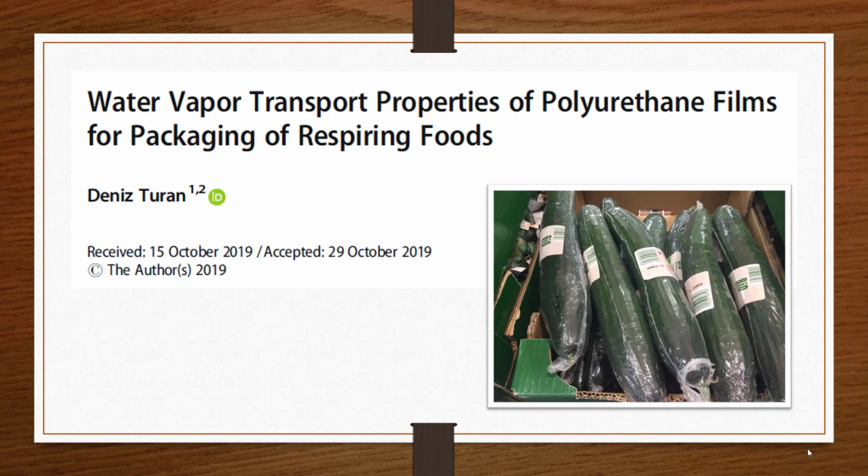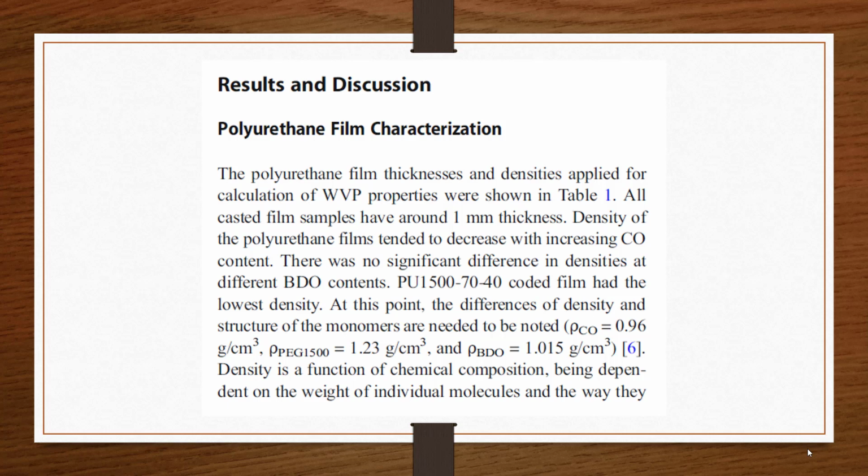Now, look at another paper that we looked at in the discussion of introductions. This is the one where we were discussing finding appropriate plastic wrap to cover vegetables and fruit so that they do not mold or rot as quickly. So in this one, here's the results and discussion section of this paper.